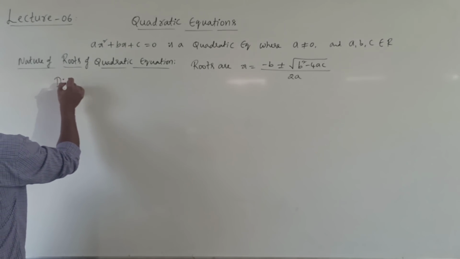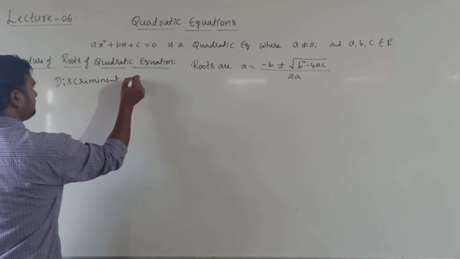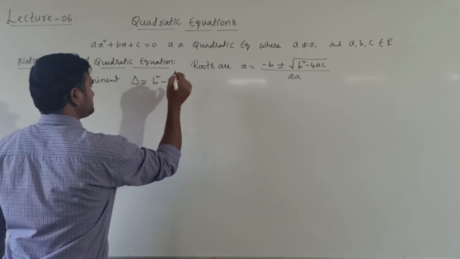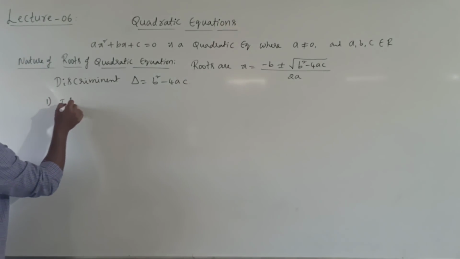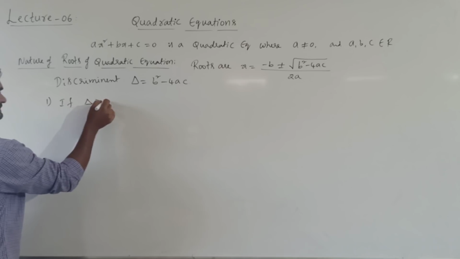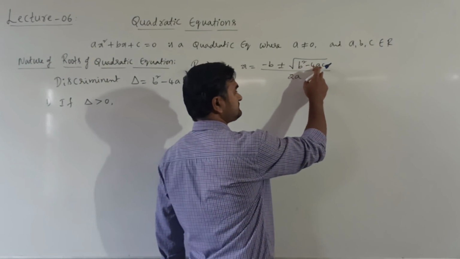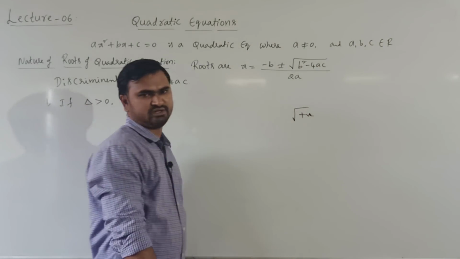So the discriminant, delta, is b² − 4ac. See the conditions. If delta is positive, meaning b² − 4ac is positive, what is the square root of a positive value? It is some real number.